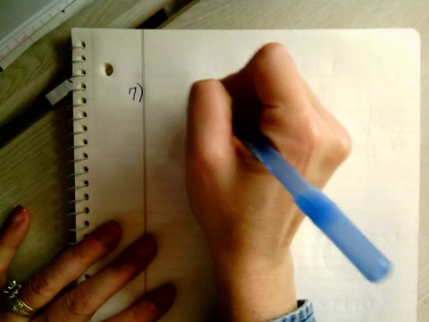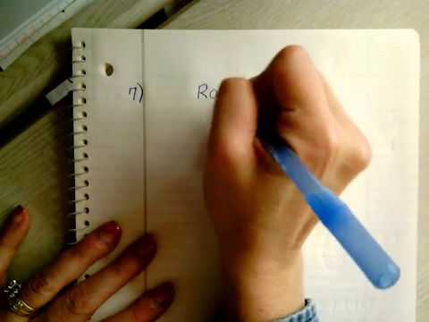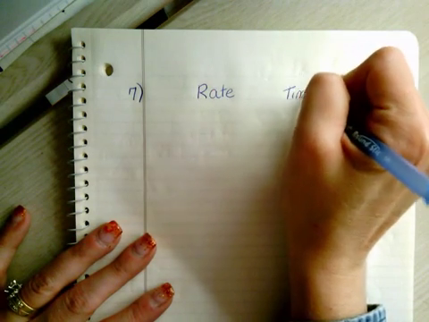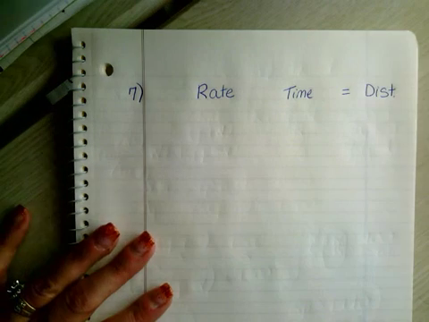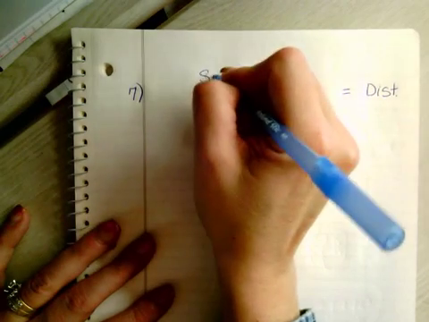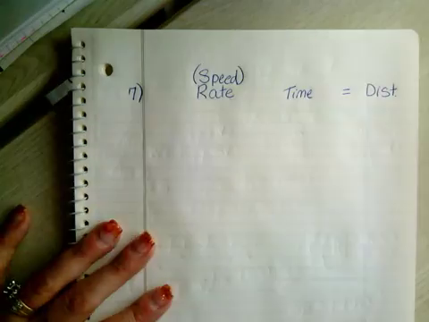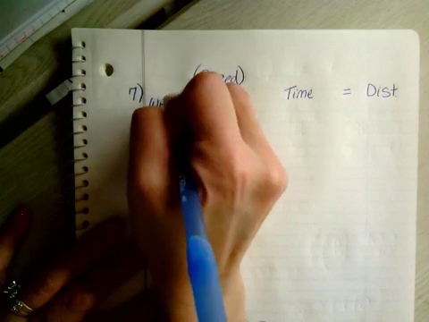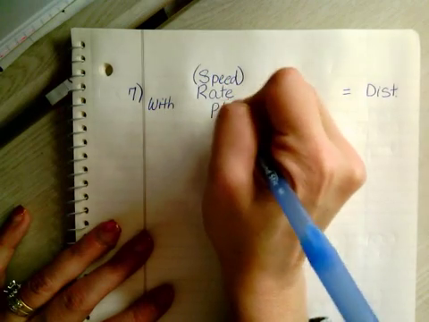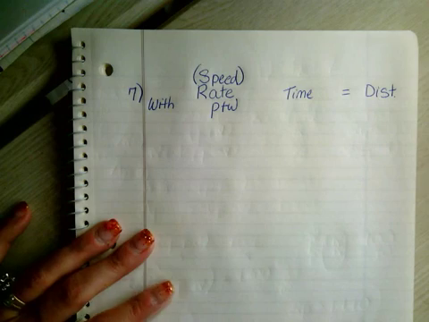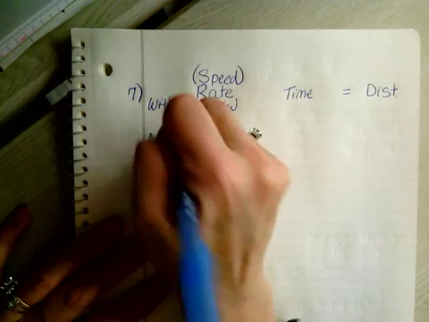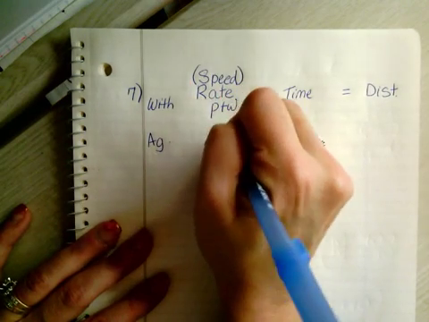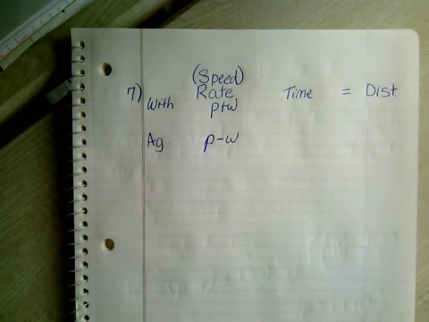Alright, here we go. So, the same like the other one, we've got rate, and we've got time equaling distance. Rate is speed. And with the wind, which is good, is some kind of P plus W. Against the wind has something to do with P minus W. Against the wind is bad.